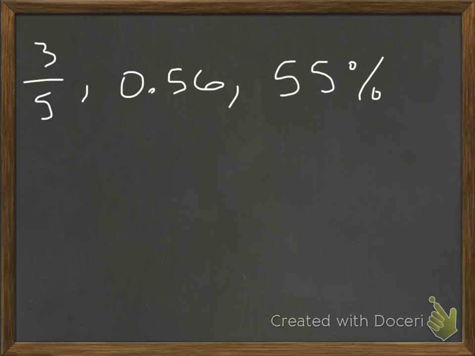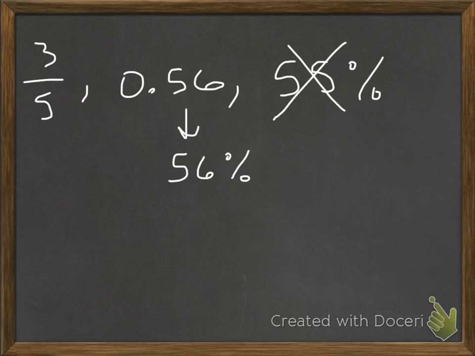There are some problems where they're going to have to find the greatest number. Which one is the biggest percent? So they only have to really find one of the percents. We have 55%. 0.56 is just 56%. So we need to find out what 3/5 is. So if we're looking for the greatest number, 55 is already out because 56 is bigger than 55.